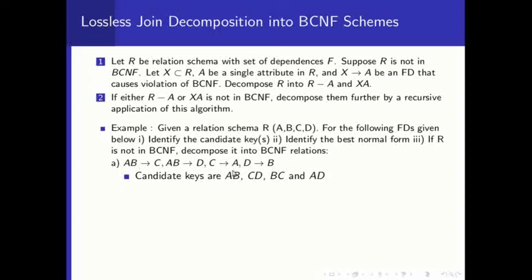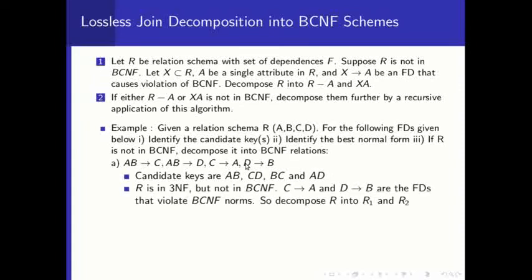That is why this schema is in third normal form but not in BCNF, because BCNF requires the mandatory condition that for all FDs X determines A, X should be a key of that relation. Here, C as well as D are not keys alone. That is why it is violating the normal form conditions. Therefore, this is in third normal form, not in BCNF.